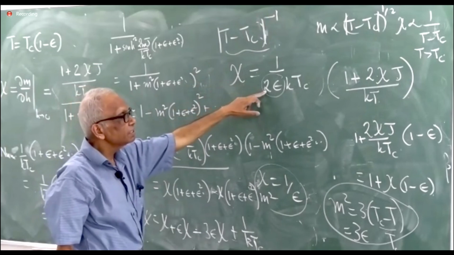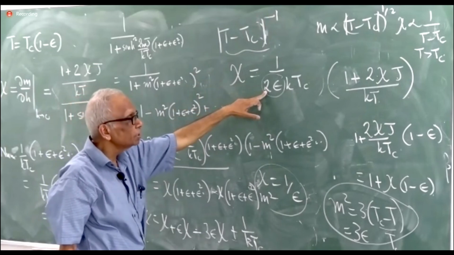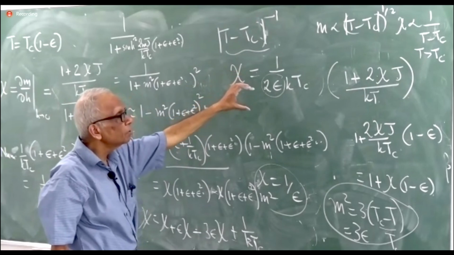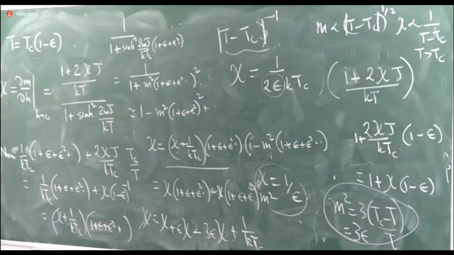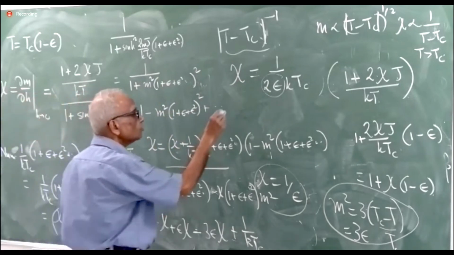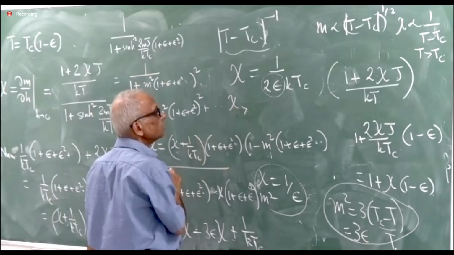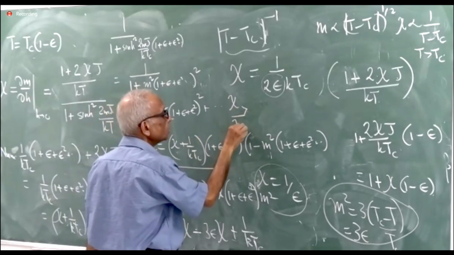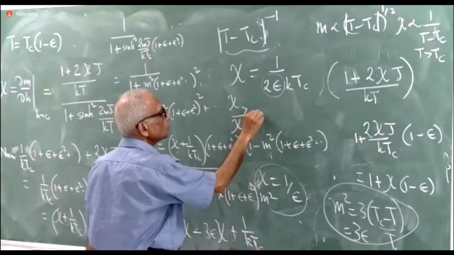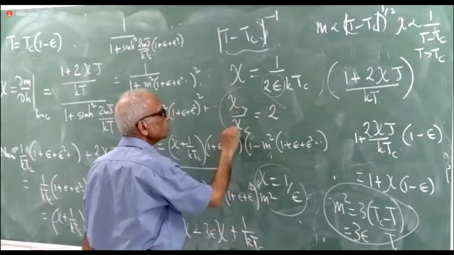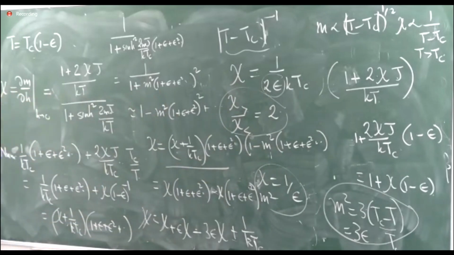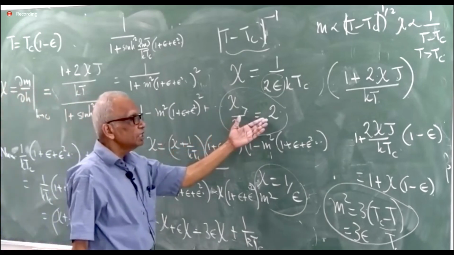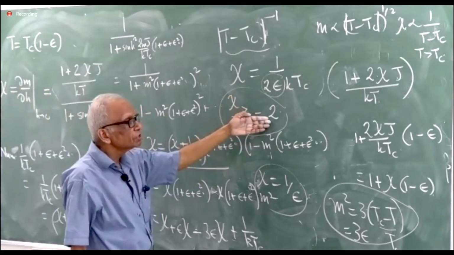So that is the thing to focus on, that the amplitude above and below differ by a factor of half, which is again a universal number. So very close to Tc, chi greater divided by chi less is equal to 2, which is universal, independent of what kind of magnet I'm looking at, and independent of the nature of the magnet.